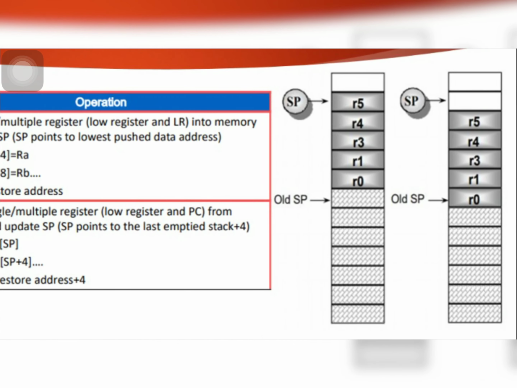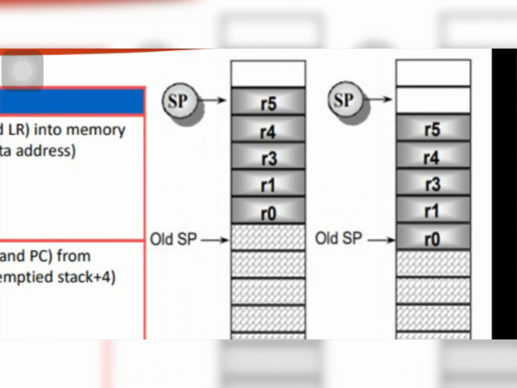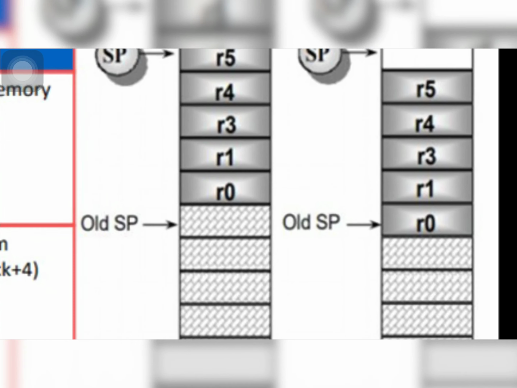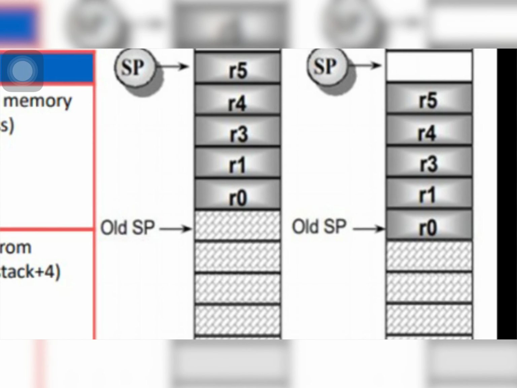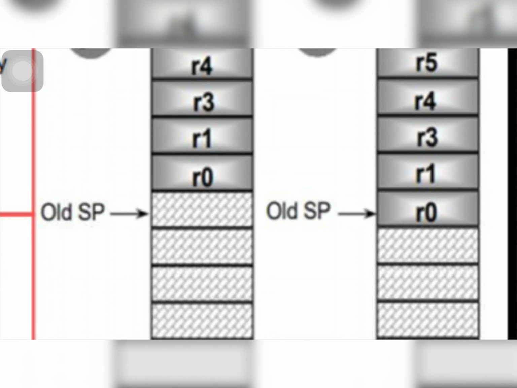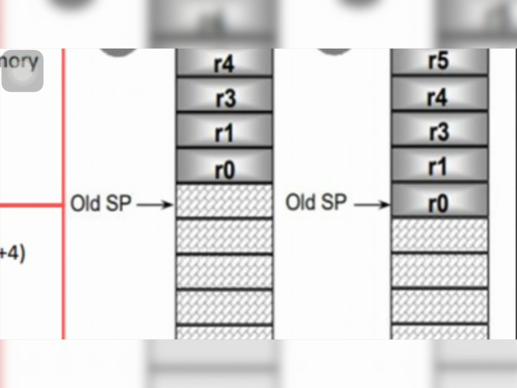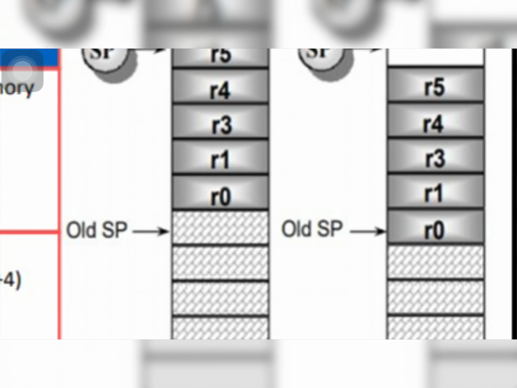If we look at this image here, the old stack pointer is pointing to the empty slot, which is R0. This R0 is basically after the pop operation. The old SP points to the last empty stack plus 4.